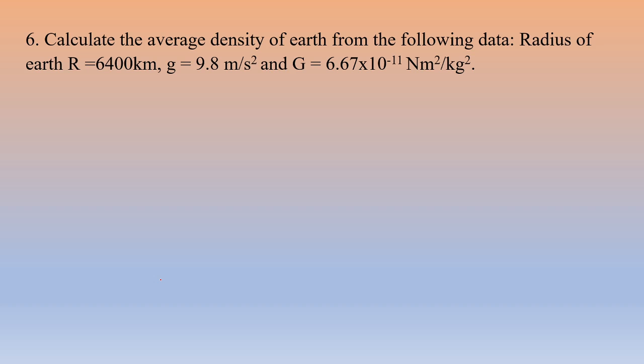Next, calculate the average density of Earth from the following data. Radius of Earth capital R is equal to 6,400 km, small g is equal to 9.8 meter per second square, capital G is equal to 6.67 into 10 raised to negative 11 Newton meter square per kilogram square.